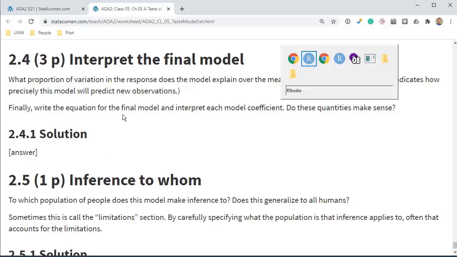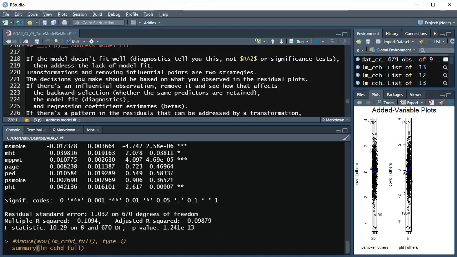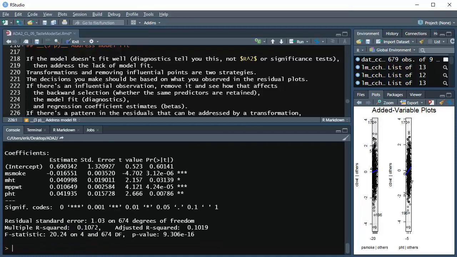And finally, write the equation for the final model and interpret each model coefficient. Okay, so our reduced model, full final, here we go, 10.7 is our reduced model. And so write out the model equation.